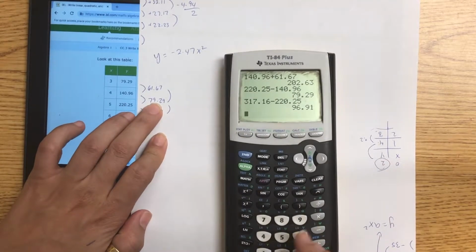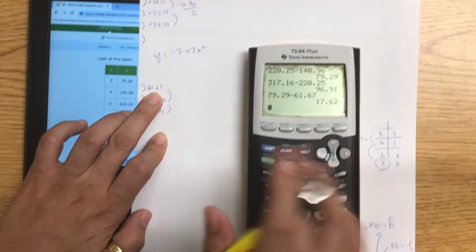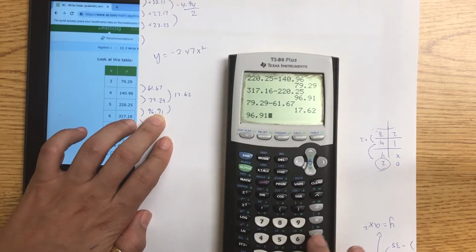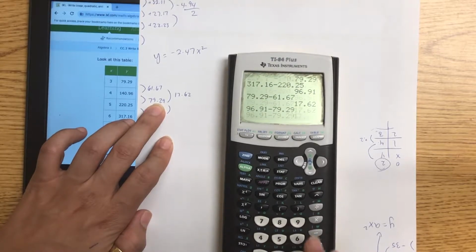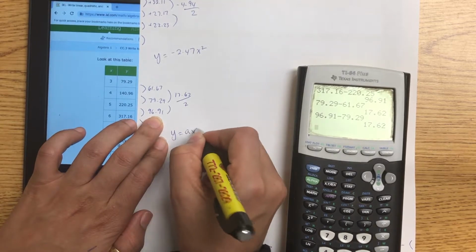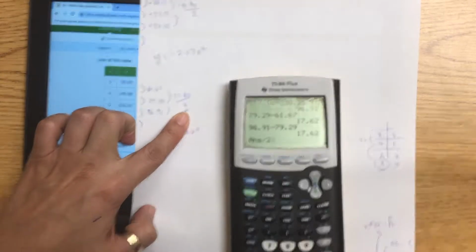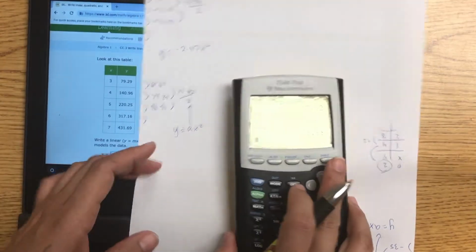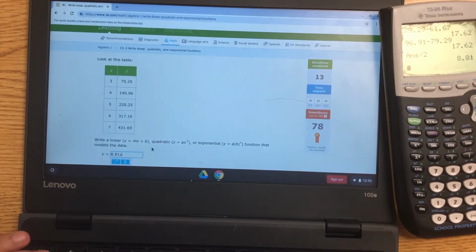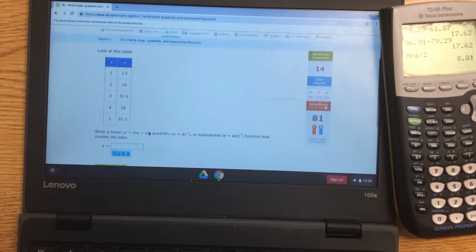Let me check the second difference. 79.29 minus 61.67 is 17.62, and 96.91 minus 79.29 is 17.62. To find A, you divide that by 2, because y equals ax squared, so 17.62 divided by 2 is 8.81. I'm going to have faith that I am right, because I am trying to get to 90 real quick. All right, so I'm right.